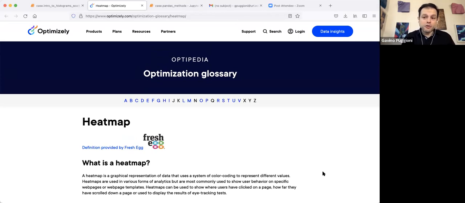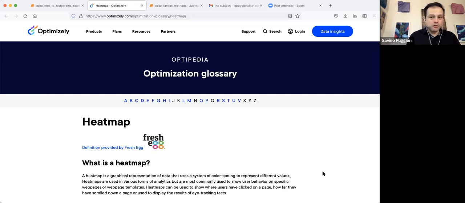Some of them can go from red to blue to white, depending on the areas of risk. And Andres is saying heat maps are used a lot in sports. Absolutely. When you're looking at a basketball court and you want to investigate where the team has the highest chances of scoring, you see a lot of dots, and then the heat map will tell you where the team of your opponent is more dangerous.